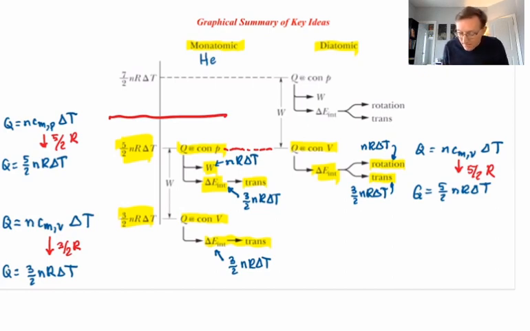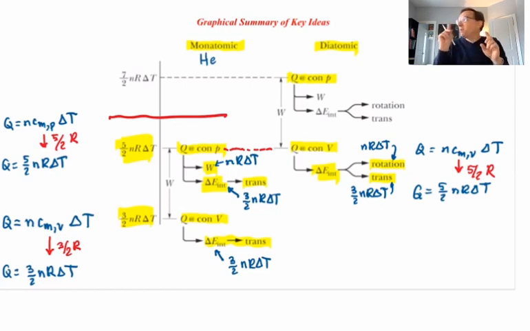And then lastly, let's add energy as heat to the diatomic gas at constant pressure, and let's figure out that Q formula. Q equals n CmP delta T. But now use the CmP formula: F over 2 plus 1, all times R, where F is 5 again, right? 3 degrees of freedom from translation and 2 from rotation. 3 plus 2 is 5.